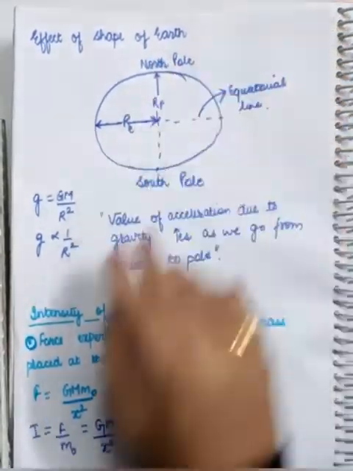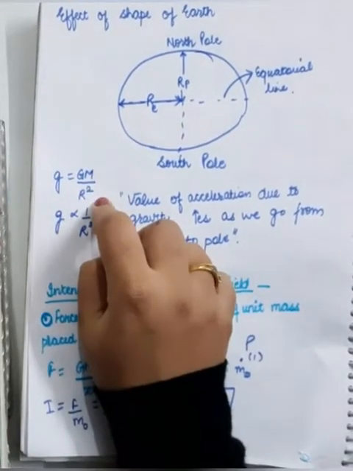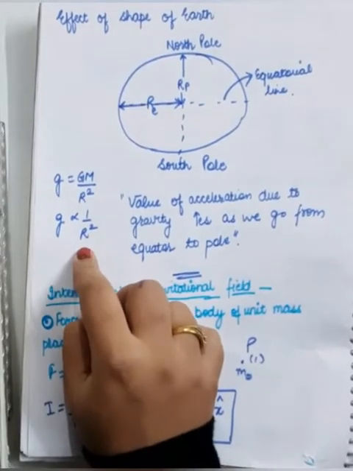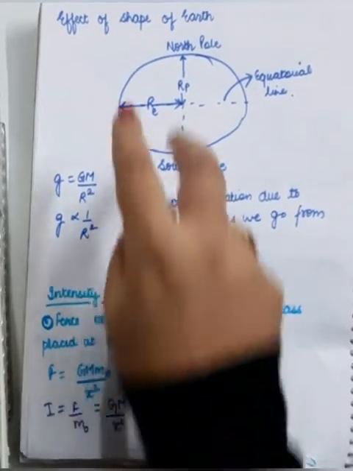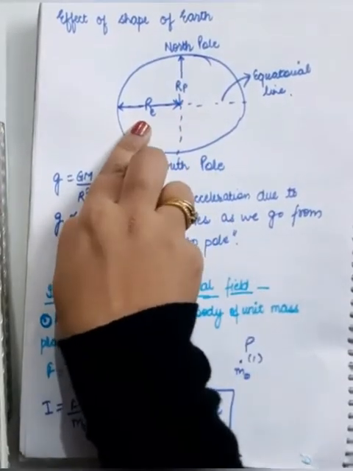We know that g, acceleration due to gravity, is equal to GM upon r square. So it is inversely proportional to the square of the radius. Which radius is larger? The larger radius is the equatorial one.